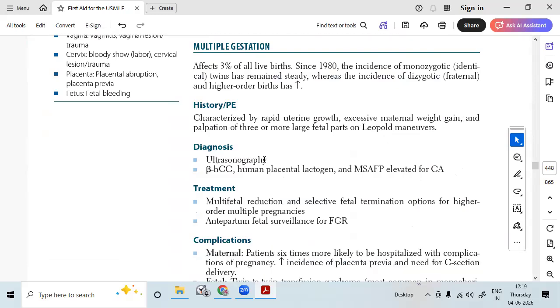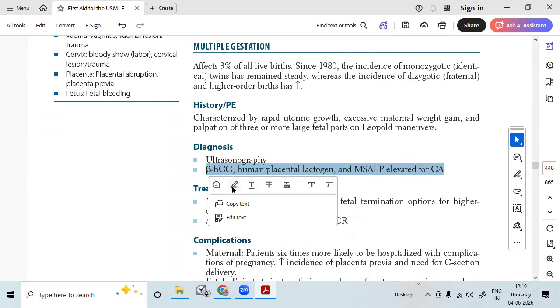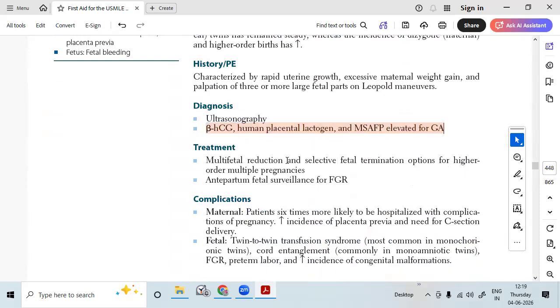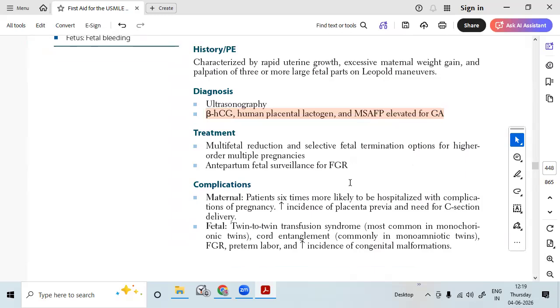Diagnosis: you do ultrasonography, beta HCG, human placental lactogen, and maternal serum alpha fetoprotein, which is elevated for the gestational age. Treatment: multifetal reduction and selective fetal termination are options for higher order multiple pregnancies, with antepartum fetal surveillance for fetal growth retardation.